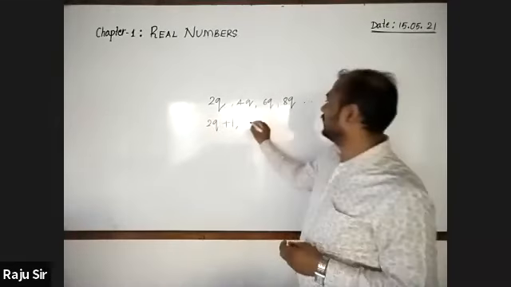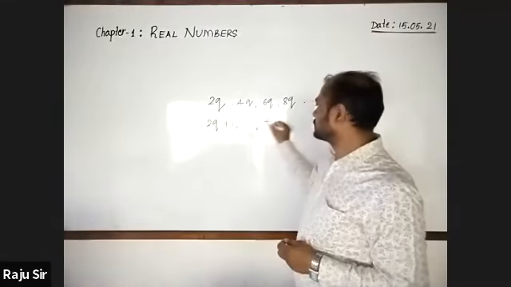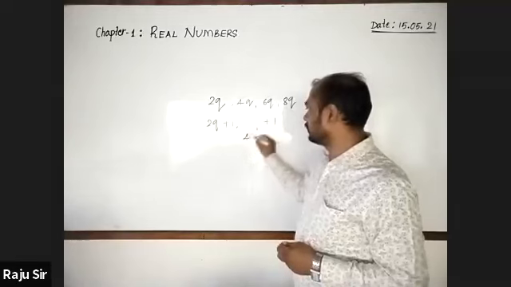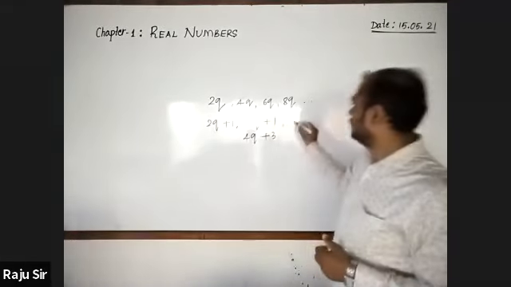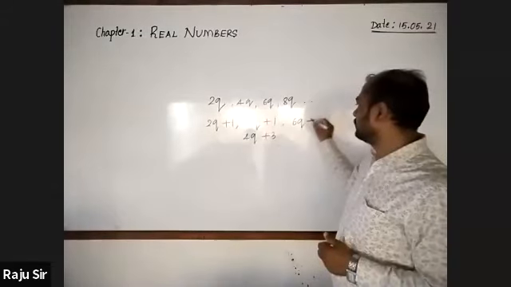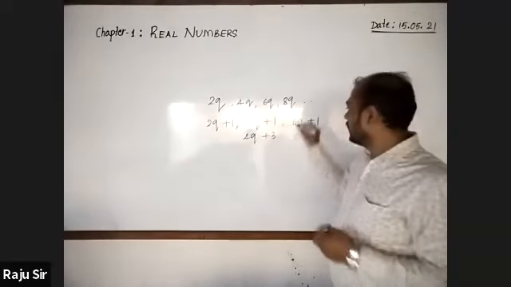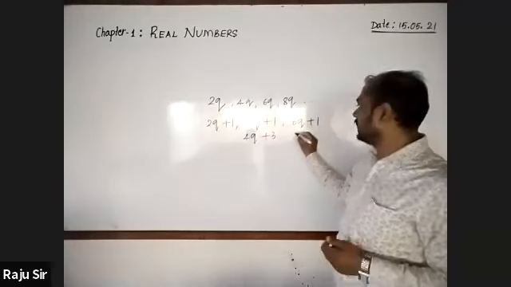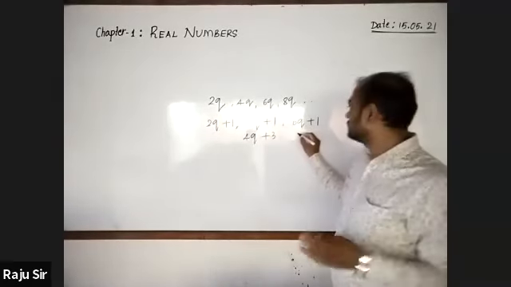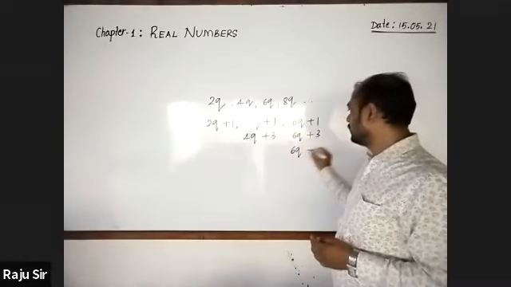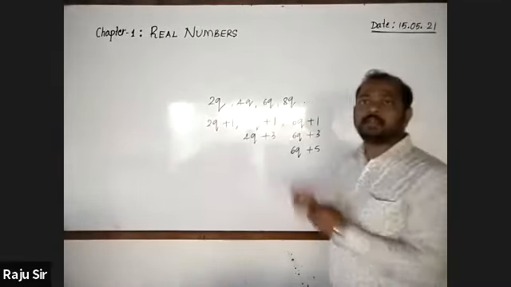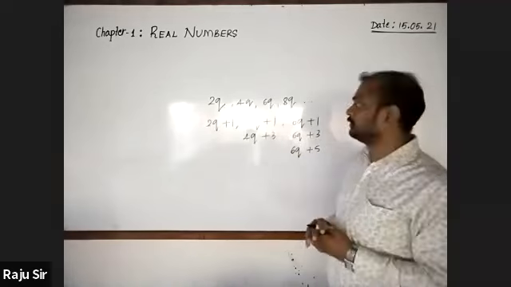If you take 4q plus 1, then you can also take one more, that is 4q plus 3. Next, if you take 6q plus 1, then odd numbers can also be written as 6q plus 3, 6q plus 5. Similarly, it can be continued.